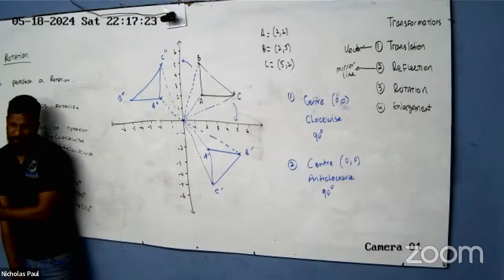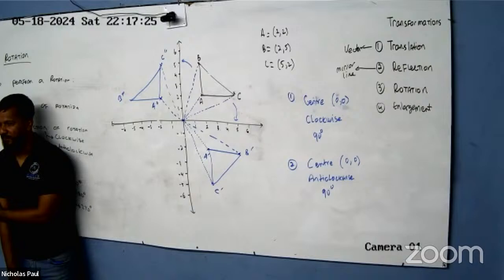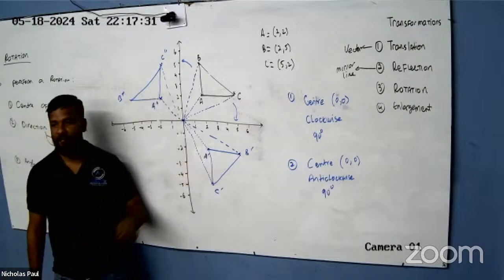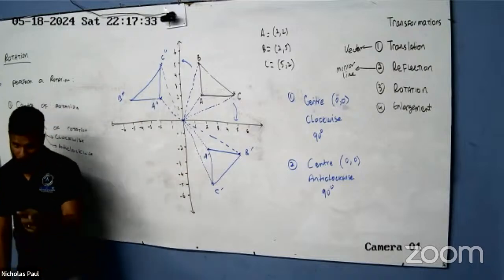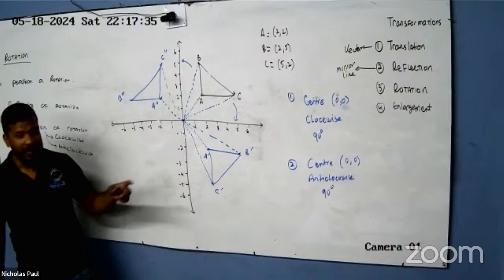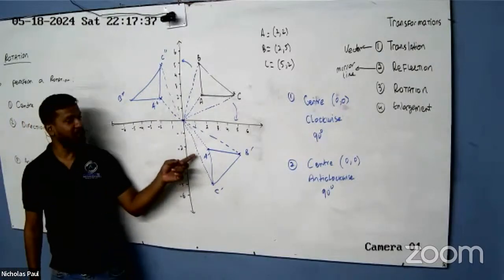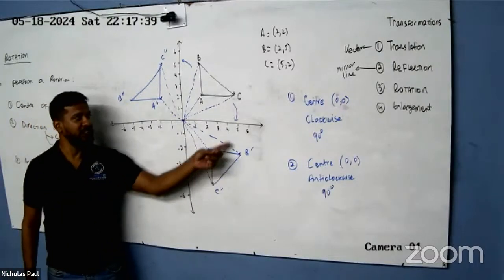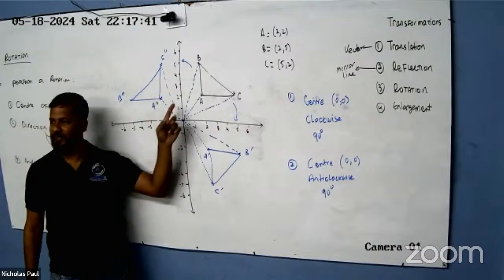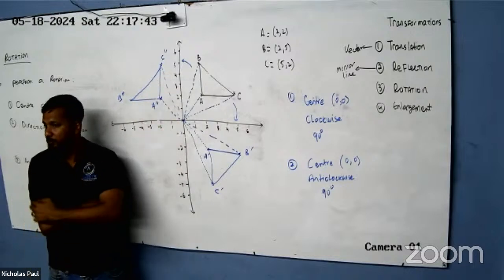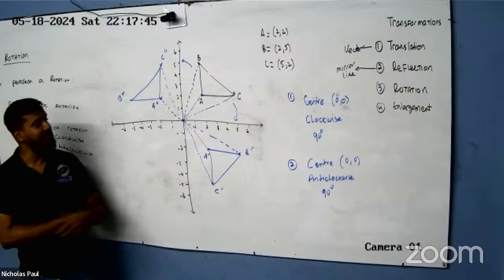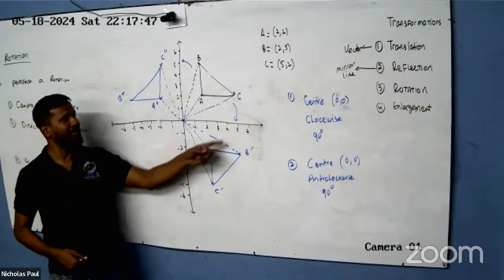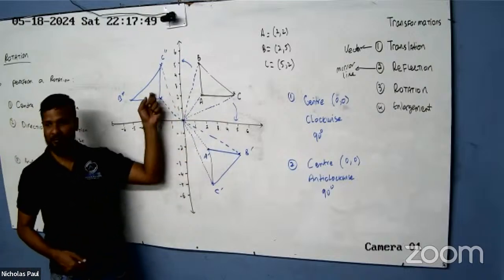A reflection could be equivalent to something else, based on what we're doing today. How do you go from here to here? 180 degrees. Right? So you do a rotation. If you do a rotation 180 clockwise or anti-clockwise, you'll end up right there.